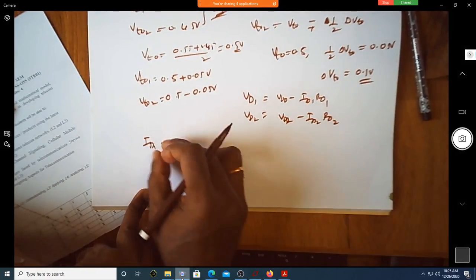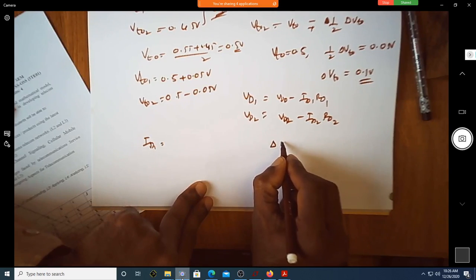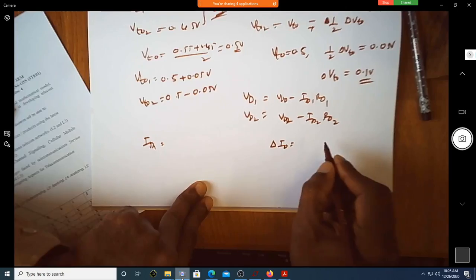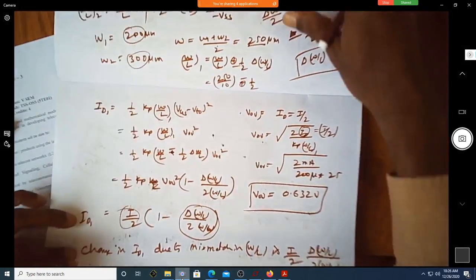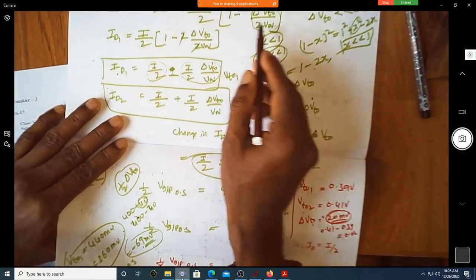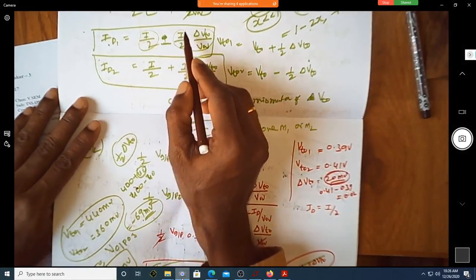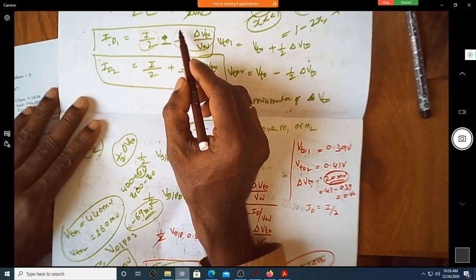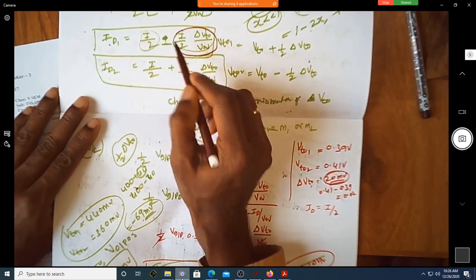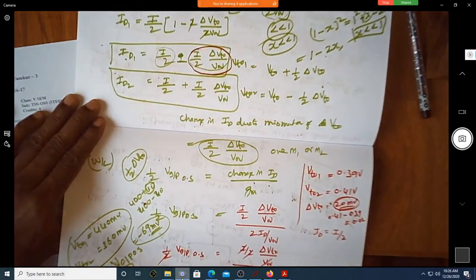Of course, while deriving this, we again found one delta ID. What was delta ID in the last derivation? Was it not this? Where is that? Okay, here. Is this not your delta ID because of VTO change?